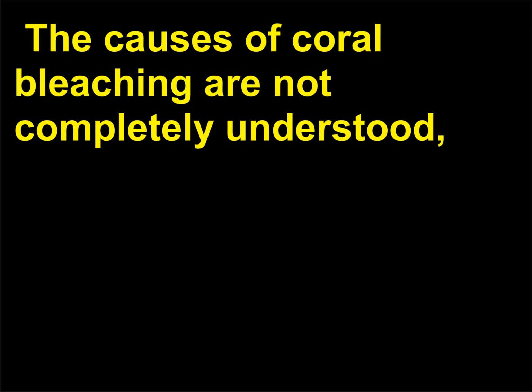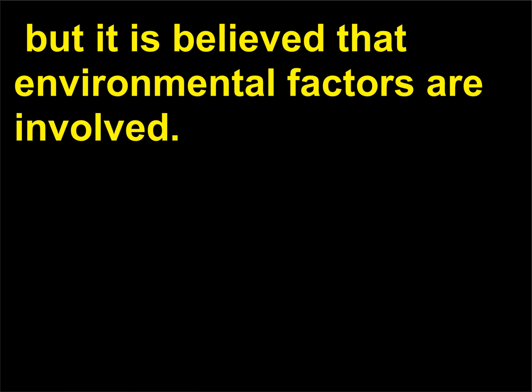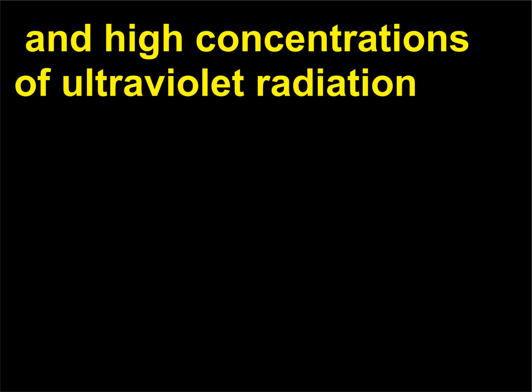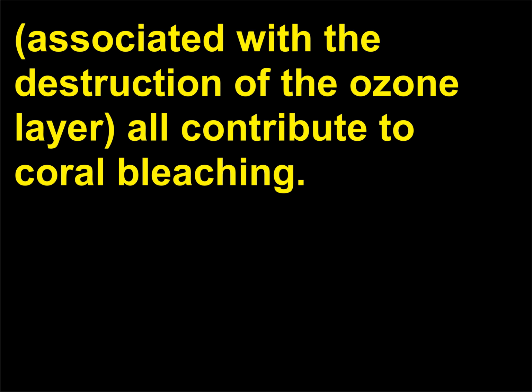The causes of coral bleaching are not completely understood, but it is believed that environmental factors are involved. Pollution, invasive bacteria such as Vibrio, salinity changes, temperature changes, and high concentrations of ultraviolet radiation, associated with the destruction of the ozone layer, all contribute to coral bleaching.